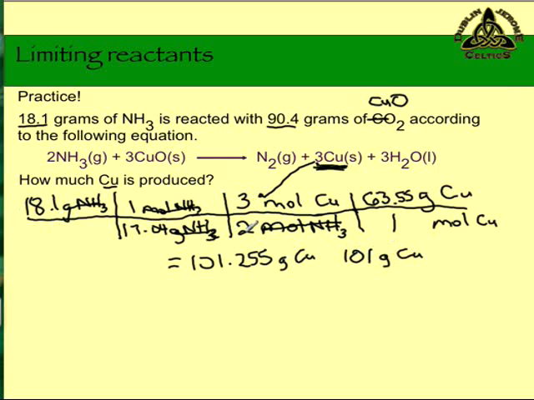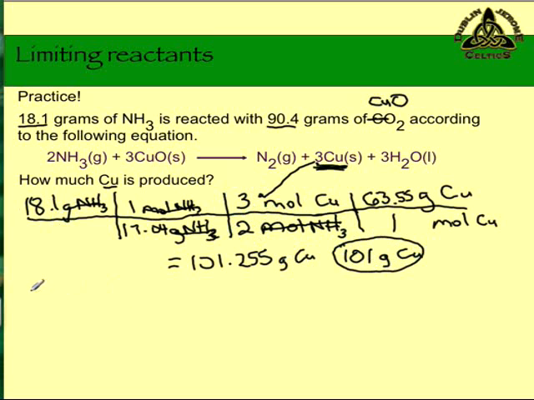But this technically is a definition. We're actually defining 3 moles to 2 moles. Anything that's a definition or a count, remember, has an infinite number of sig figs, and those don't play into the number of sig figs that should be in our answer. So anyway, rounding with sig figs, it's 101 grams of copper.